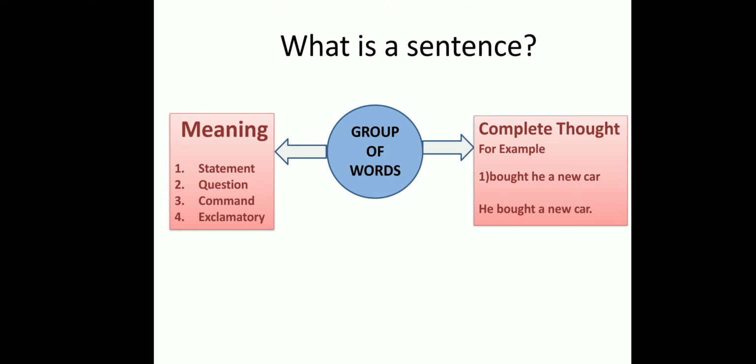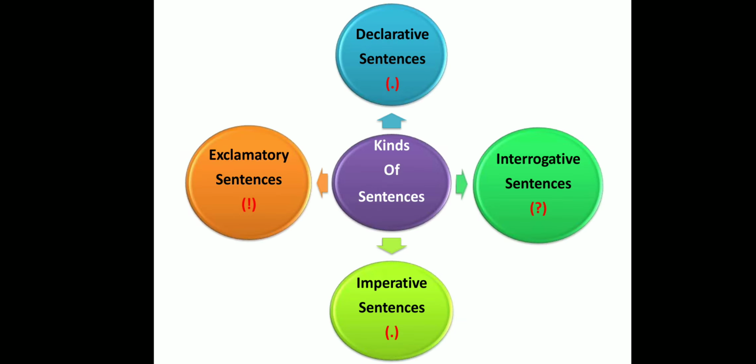For example, he bought a new car. Alright. Then I also taught you the different kinds of sentences. There are four kinds: declarative sentences, imperative sentences, interrogative sentences, and exclamatory. I'm sure you all must be knowing the different kinds of sentences by now, and what are the functions, what are the features of these different kinds of sentences.